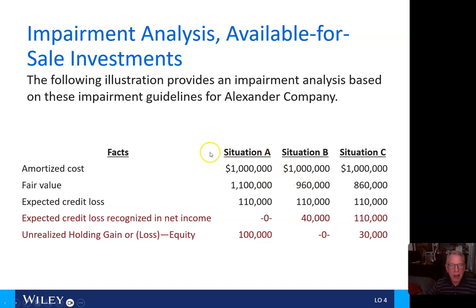So in situation alpha here, we had $1 million amortized cost, fair value $1,100,000. So we had an expected loss, however, of $110,000. The expected credit loss recognized in net income is 0. And the unrealized holding gain is $100,000.